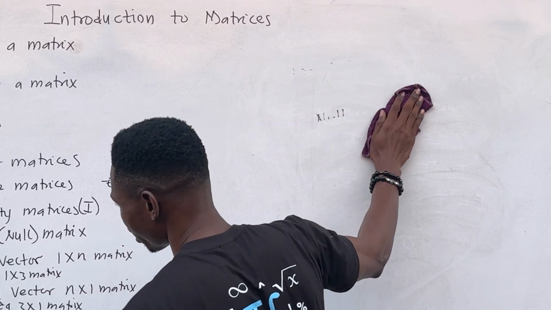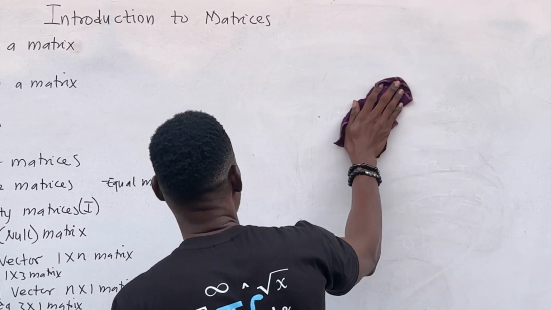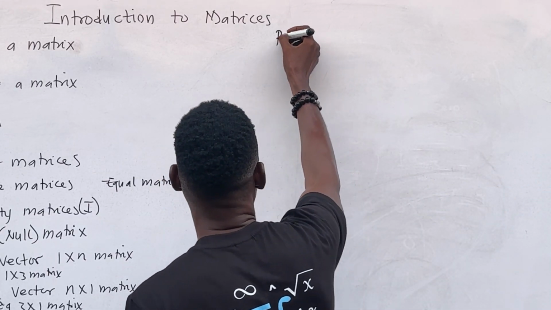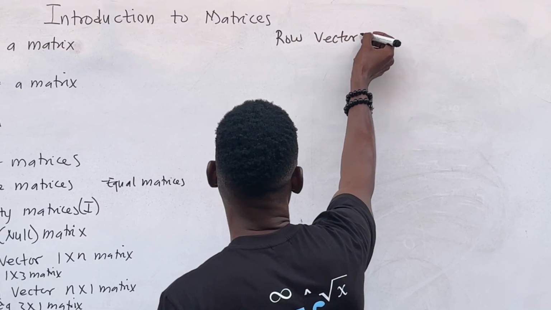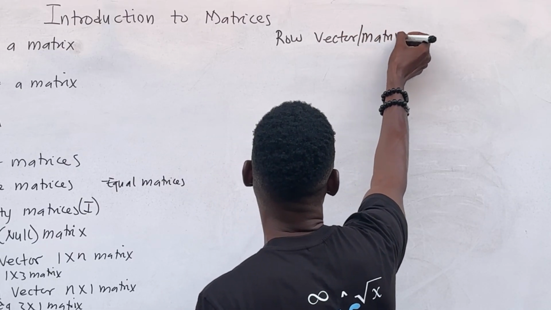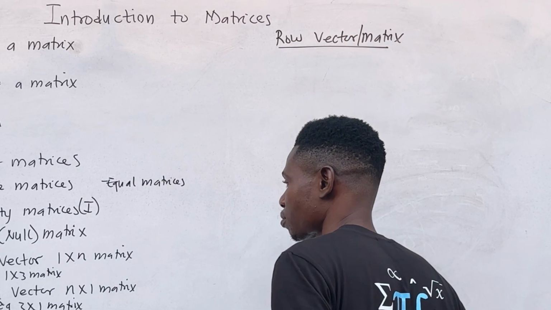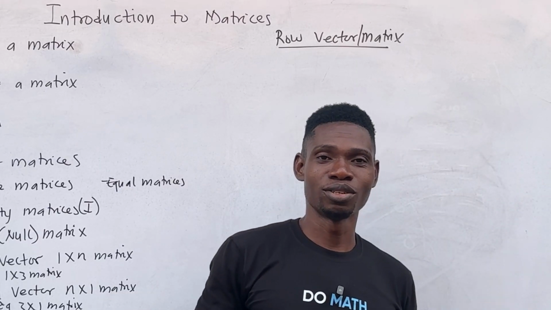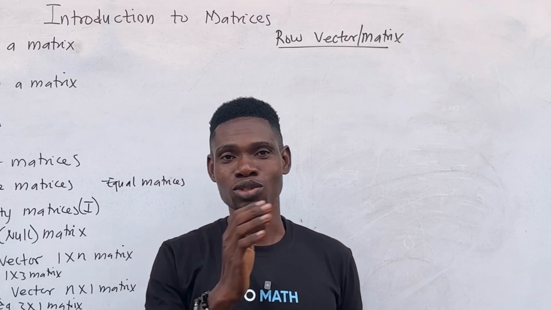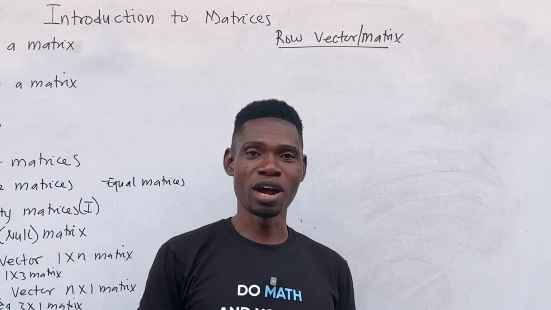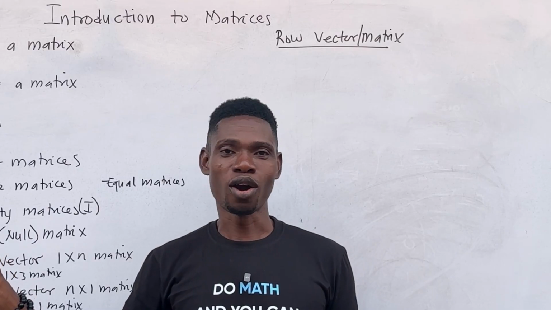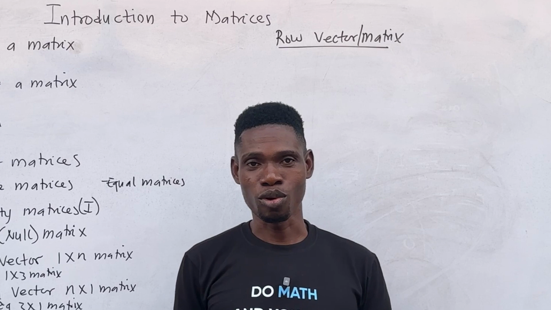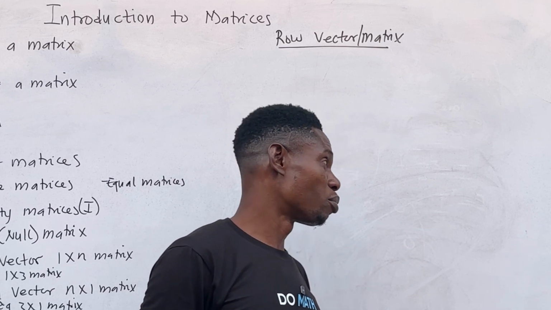Next we'll look at the row vector or row matrix. Any matrix that has just one row and 2 or more columns, watch, one row, more than one column, is called a row vector or a row matrix. It's simple.